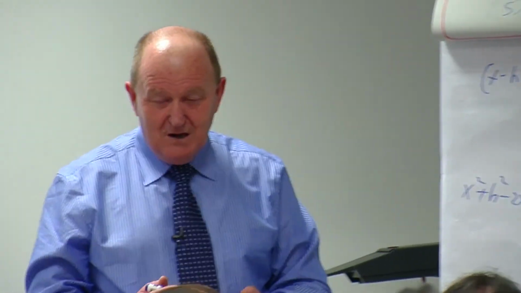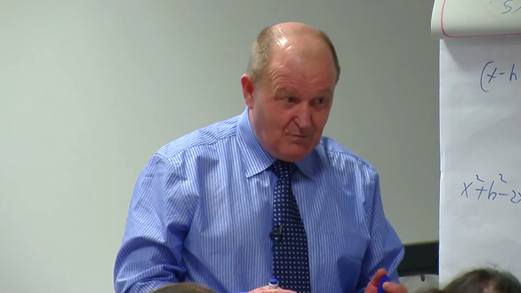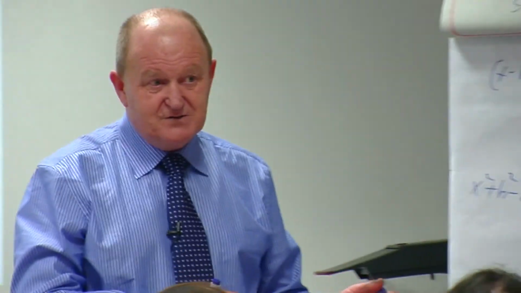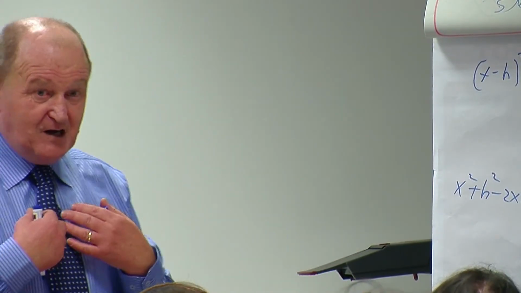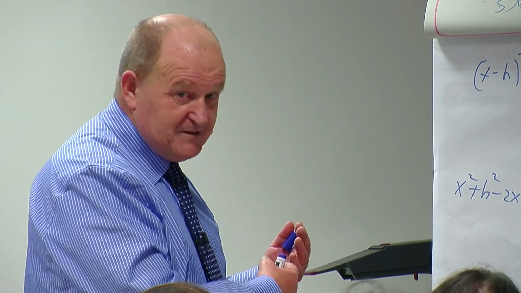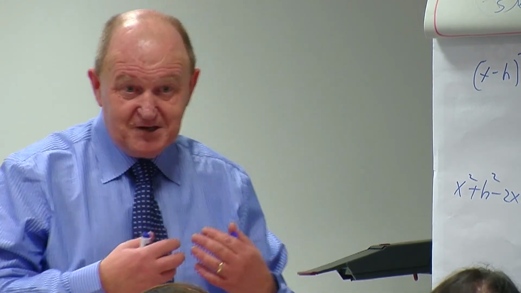They begin to talk to themselves as well. Am I going right here or am I going wrong? Will I go this way or that way? What's the advantage of going this way? What's the advantage of going that way? That's the conversation I have with myself when I'm at the board doing a problem, but it's a conversation that the kids hear because I speak my thoughts out loud.